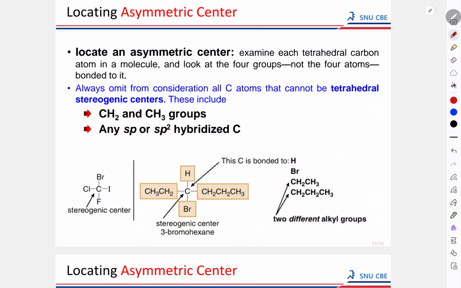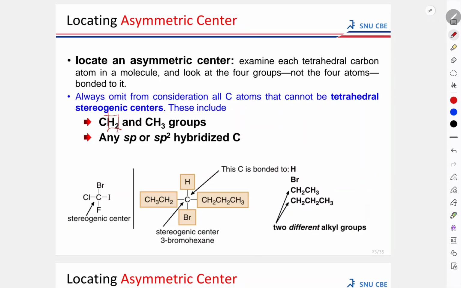Always omit from consideration: not all carbon atoms can be tetrahedral stereogenic centers. This includes CH2 and CH3 groups, right? It's obvious this carbon has 2 hydrogens, and this carbon has 3 identical hydrogens. They cannot be asymmetric centers in the first place. Also, any sp or sp2 hybridized carbon cannot be an asymmetric center. They cannot accommodate 4 groups, right, in the first place.